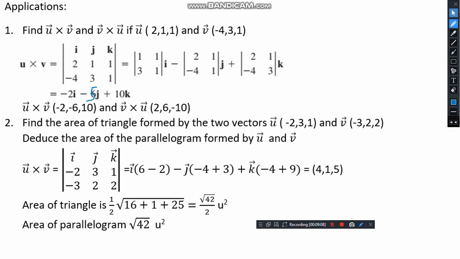And then k, you cancel the row and column, so it's 6 plus 4, which is 10. So u cross v is minus 2, minus 5, and 10, and v cross u will be the opposite: 2, 5, and minus 10.